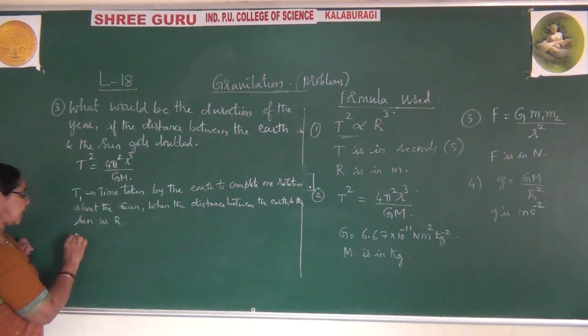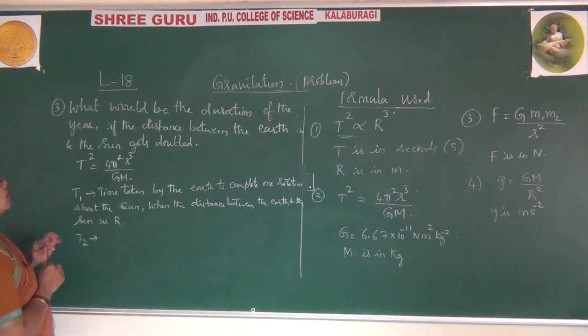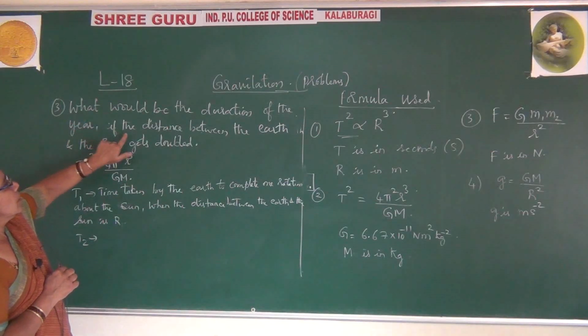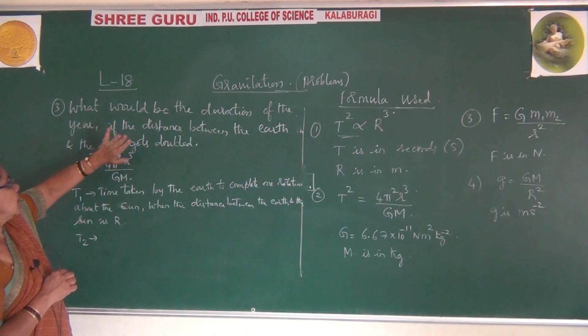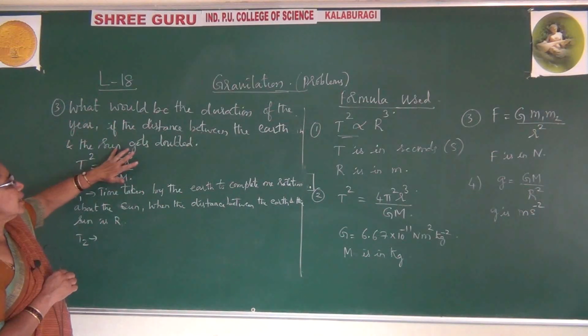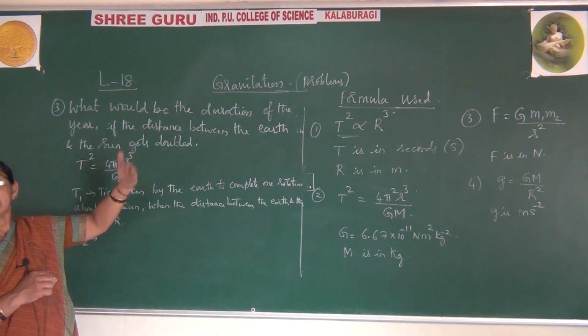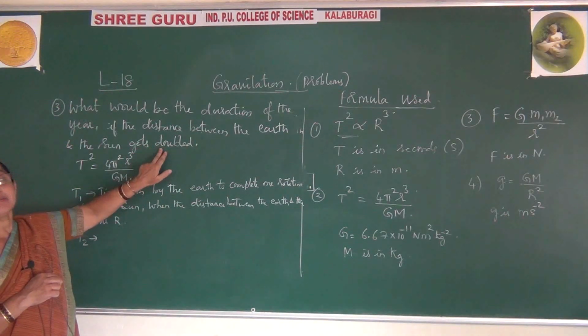Suppose I take the second time period. At that time they are asking what the time period will be if the distance between the earth and the sun gets doubled.